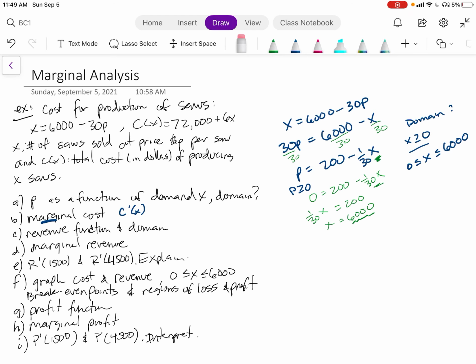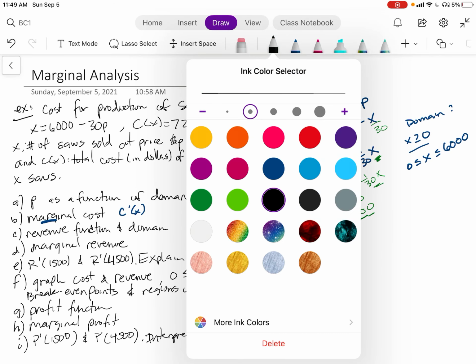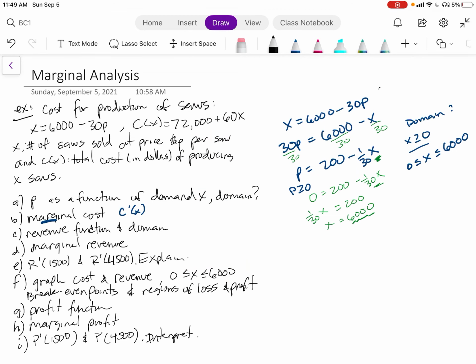It didn't affect the answer to part A, but I'm taking an example out of the book, and there's a 60 there. So the marginal cost, the derivative of this, is pretty easy. The derivative of a constant is 0, and the derivative of 60x is just 60. So I don't even think we need to do work there. Marginal cost is 60.